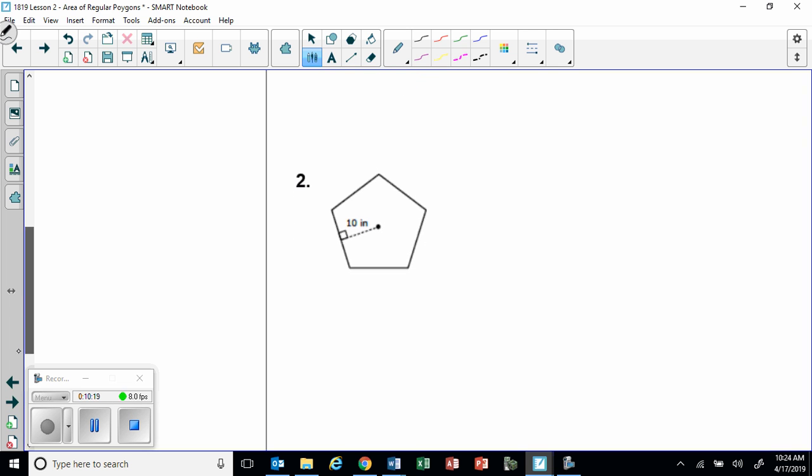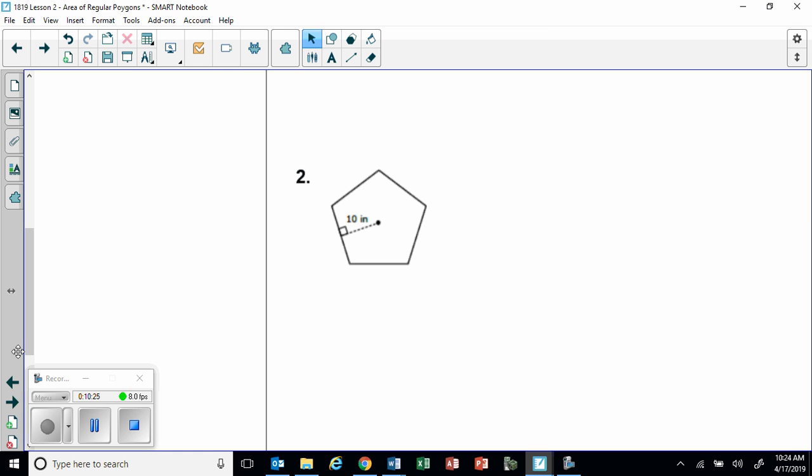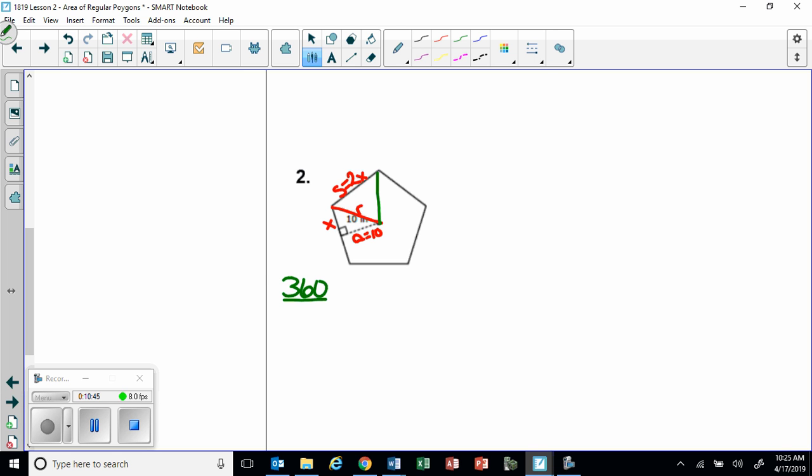Let's do another one. What did they give me? A pentagon this time. They gave me the apothem. So my apothem is 10. There's my radius. There's x. My side is 2x. Let's go ahead and find the central angle. The central angle would be 360 divided by 5.